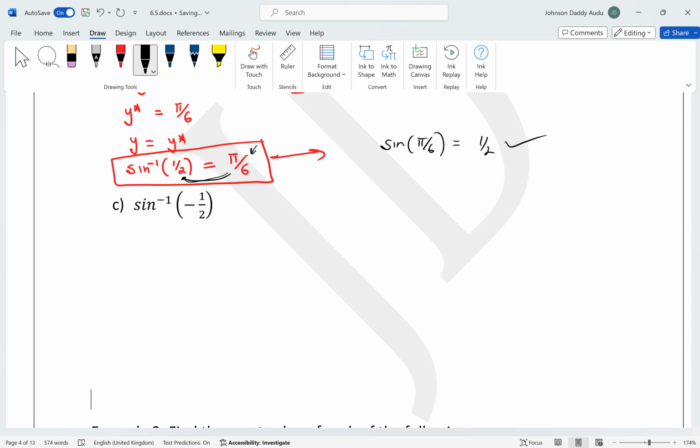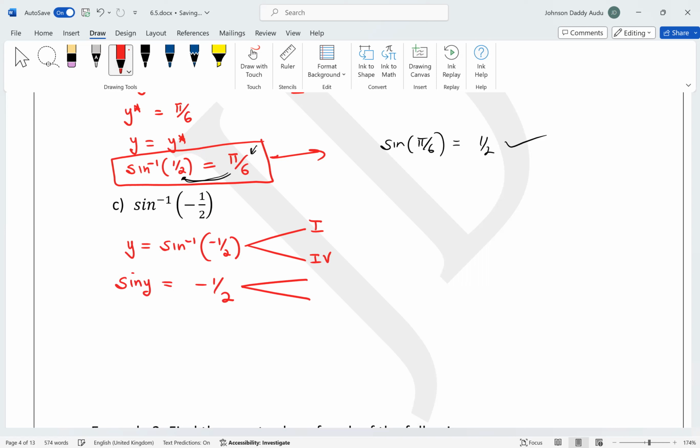Okay, now the next one is this one. Here, we let y be sine inverse of minus half. So sine inverse, again, can only be in the first or in the fourth quadrant. But now if you take sine of both sides, you have sine y is equal to minus half.